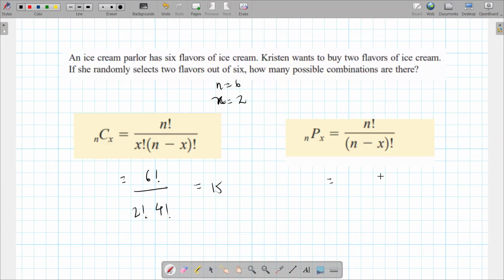But now if you do permutations, it'll be 6 factorial over 4 factorial, which is 30. So what does this mean? Which number will always be bigger? Permutations will always be bigger than the combination because for permutation, you're not dividing by an extra digit in the denominator.